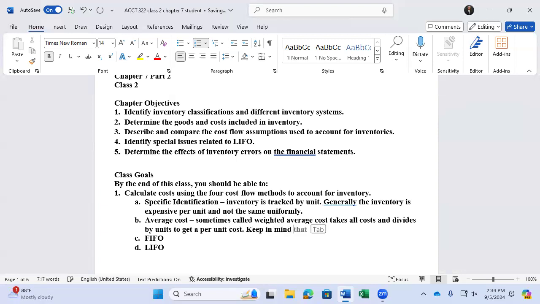Keep in mind when using perpetual accounting, or inventory, each purchase and sale may change the cost.